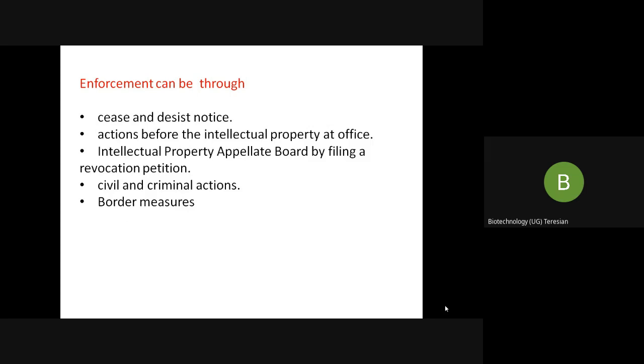And lastly, we have enforcement through border measures. Border measures are with regard to the import of intellectual property. Say you have patent protection over a particular technology and you find that the technology is not protected in another country, maybe a neighboring country like China or Nepal. And there the Chinese version of your technology has been manufactured and tries to enter our country.